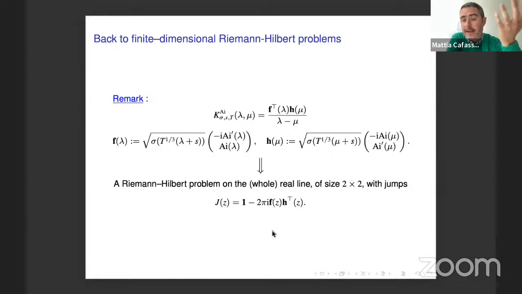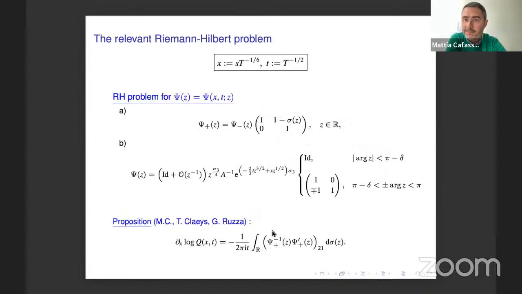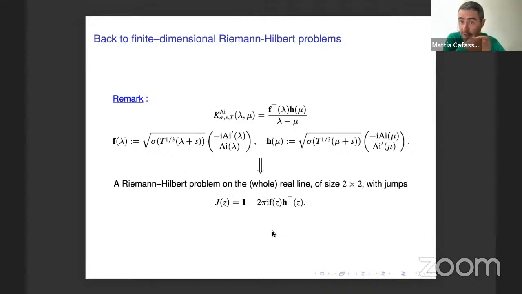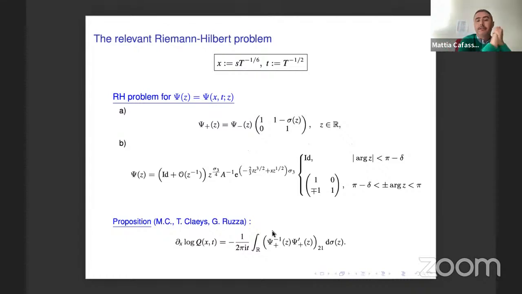Okay. But then there is a standard procedure, which is called dressing, to simplify this Riemann-Hilbert problem. And you use this standard procedure, and then you land on a different Riemann-Hilbert problem, which is easier to study. And this is the description of the Riemann-Hilbert problem that you end up with.